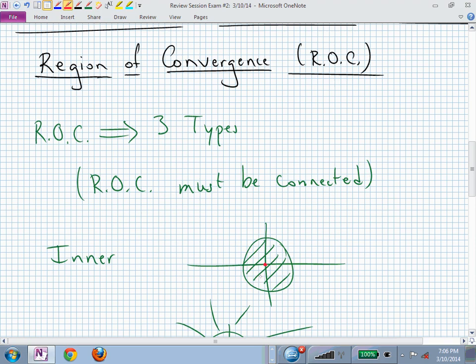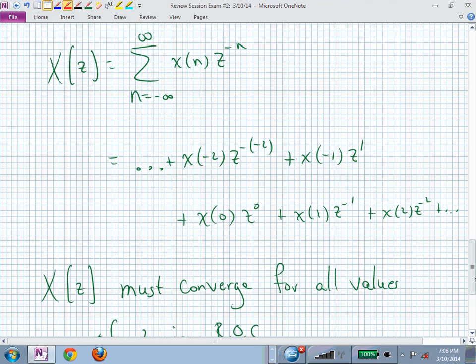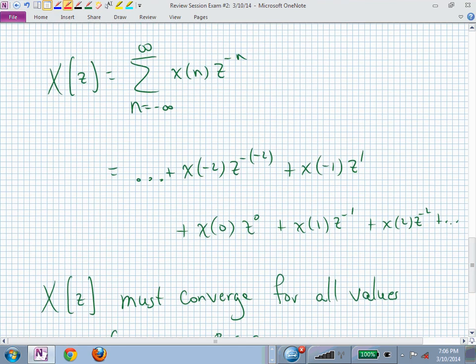An easy one might be the origin, z equals 0. If we plug z equal to 0 into this definition, that's not going to be well behaved if x of 1 is non-zero. If x of 2 is non-zero, it's not well behaved because we're dividing by 0. That's going to go unbounded. That inner region of convergence structure says that all of these positive indexed values of x have to be 0.